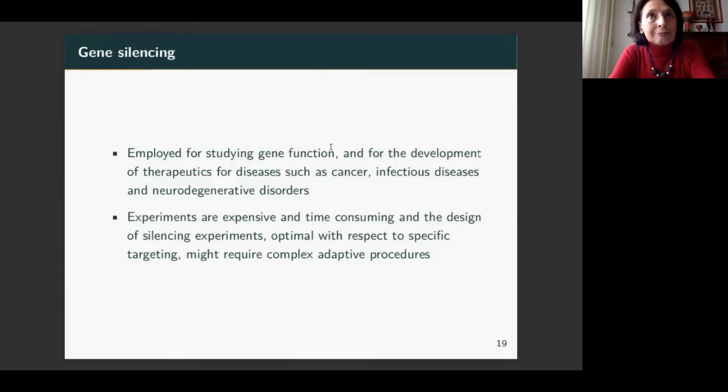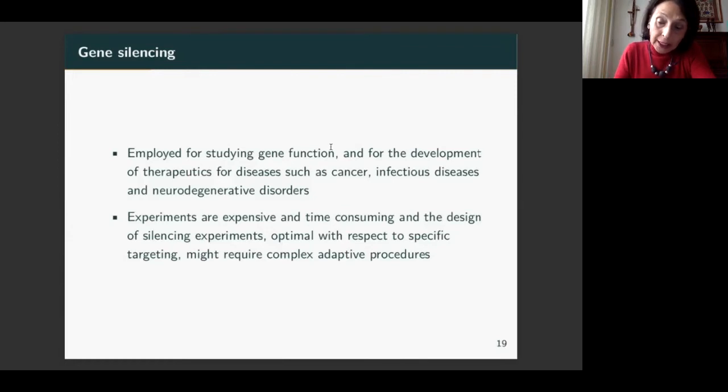For technical reasons, the ones we all know, like, broadly speaking, measurement error. But these are not the only reasons. RNA molecules, which are designed to match and destroy a given gene, can also act off target. So experiments might not be as specific as desired.